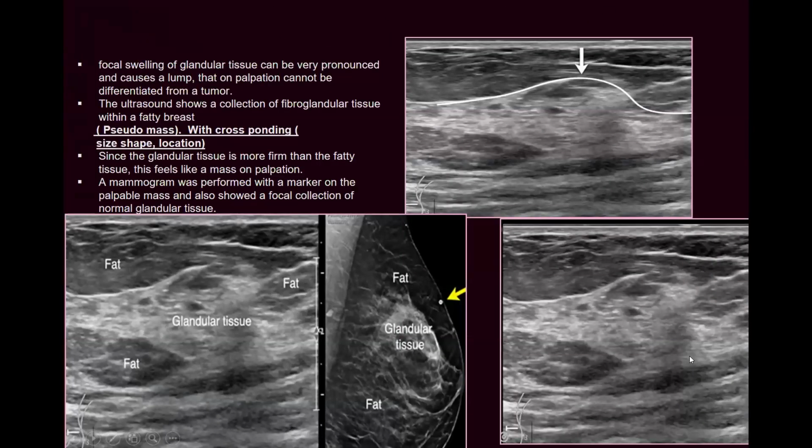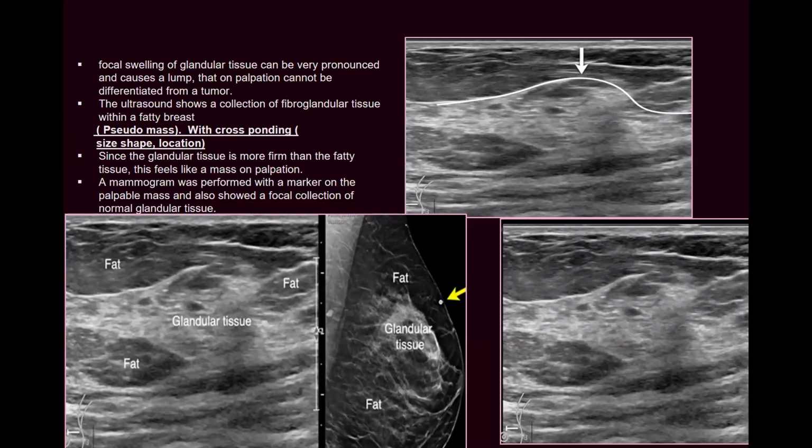And as we have mentioned before, the contour of the mammary zone can be wavy and can even give a palpable abnormality, as we have seen in this case. This area here outlined in white, and here they even put a marker at the site of the palpable abnormality. You see? And this represents a pseudo lesion.